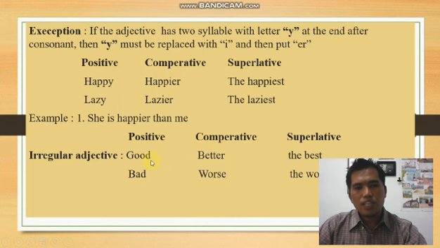So we cannot say good becomes gooder for comparative. The right one is good becomes better instead. Bad becomes worse. So you have to be careful with these words. You have to memorize them.